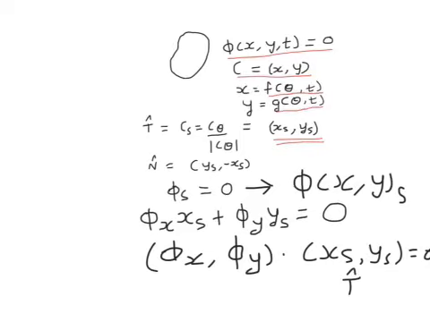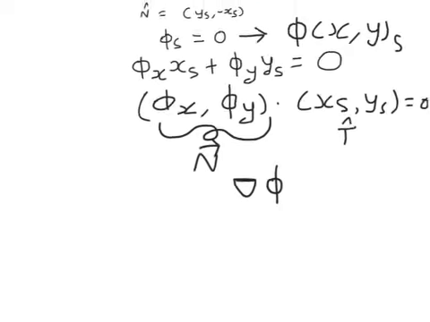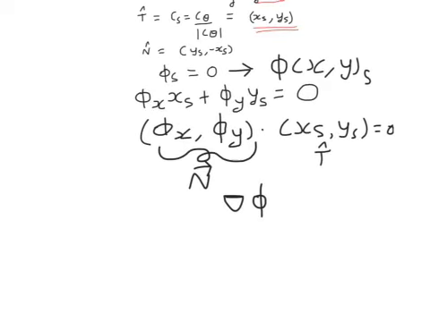So what that means is this has to be a normal, because the normal and tangent are orthogonal. That's why this can be given as del phi, the spatial differentiation, and that is a normal. To get the unit normal, we have to normalize it.